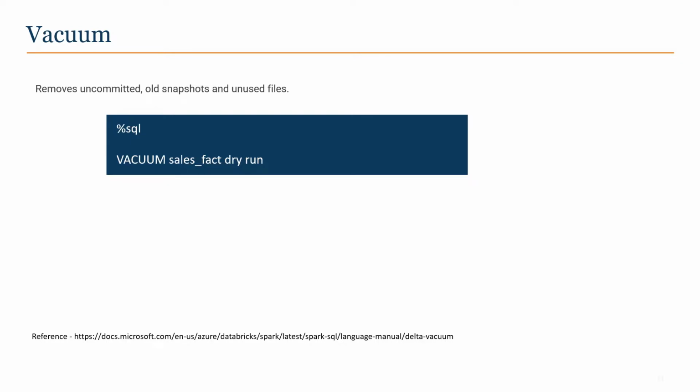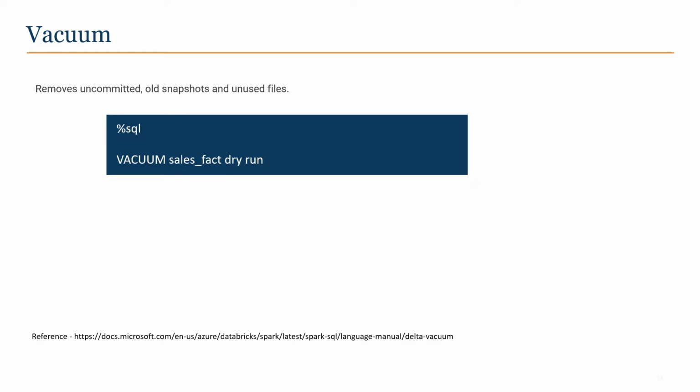But if we do not want a lot of snapshots and do not need to go back for longer history, then we can remove that history by executing a command called vacuum. Vacuum will tell us how many files it is going to delete, how many uncommitted old snapshots are available in the system, and based on that it will delete them. By default it maintains 7 days of snapshots, but it is always best practice to use the command with dry run first.